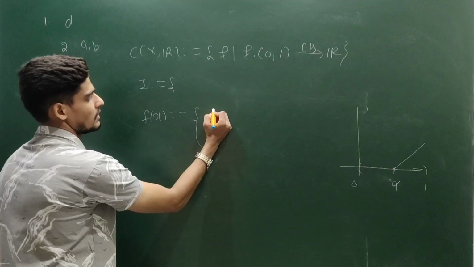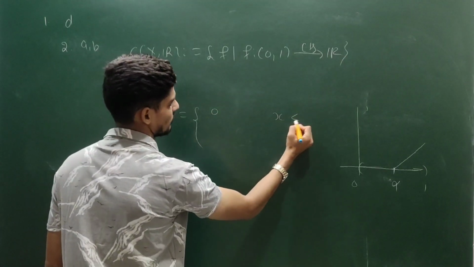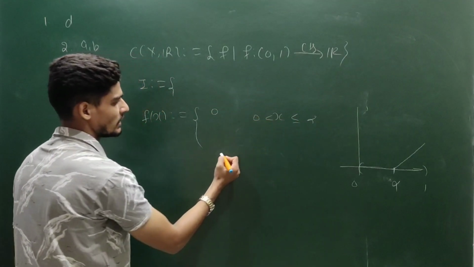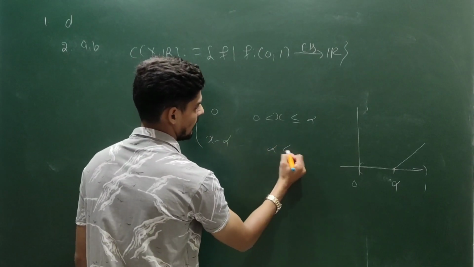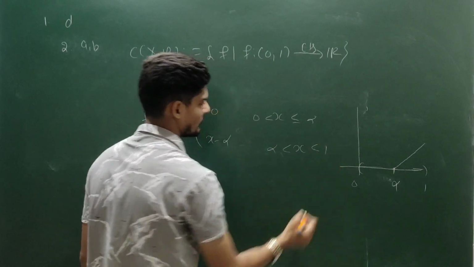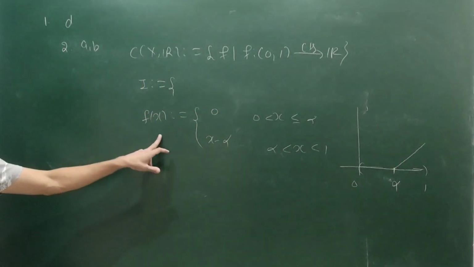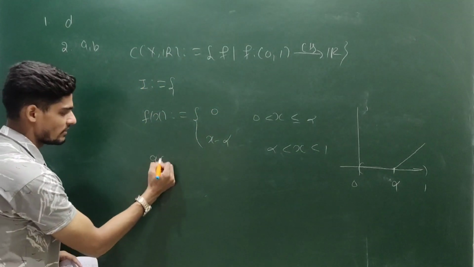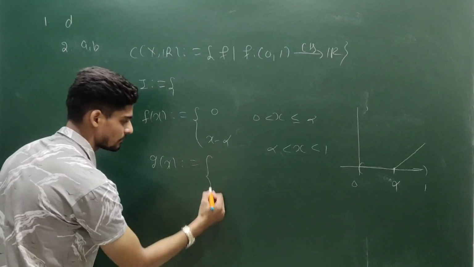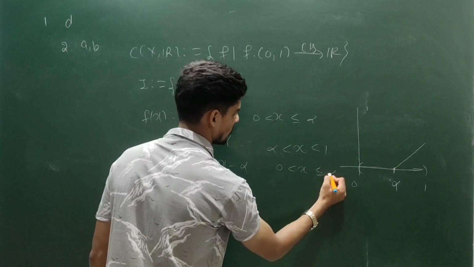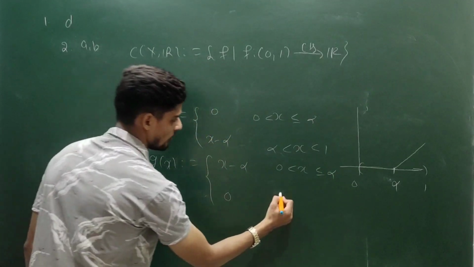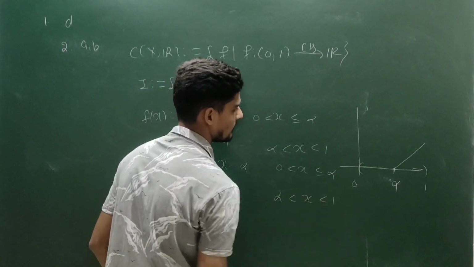So this is 0 whenever x is less than or equal to alpha, and then the straight line x minus alpha whenever alpha is less than x, less than 1. Clearly this is a non-zero function. If you define g(x) in this way, say x minus alpha whenever 0 is less than x, less than or equal to alpha, and 0 whenever alpha is less than x, less than 1.